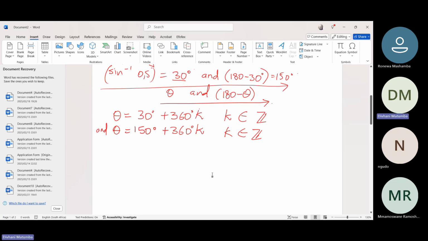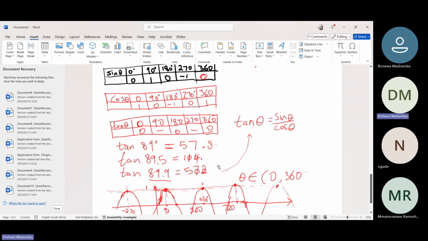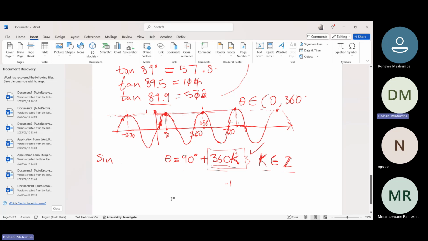The observation that you're going to find from the graph is that if you're dealing with a sine graph and you draw a line at 90 degrees, this portion of your graph is symmetrical.